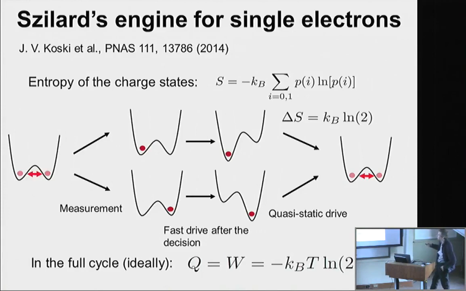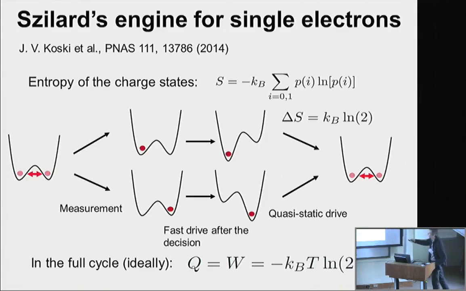You use this SET to measure the particle. If it's on the left, you quickly trap the particle to this left well, and then after that you quasi-statically move the system back to the degeneracy, and in doing so you increase the entropy in the charge system from 0 to kB logarithm of 2.